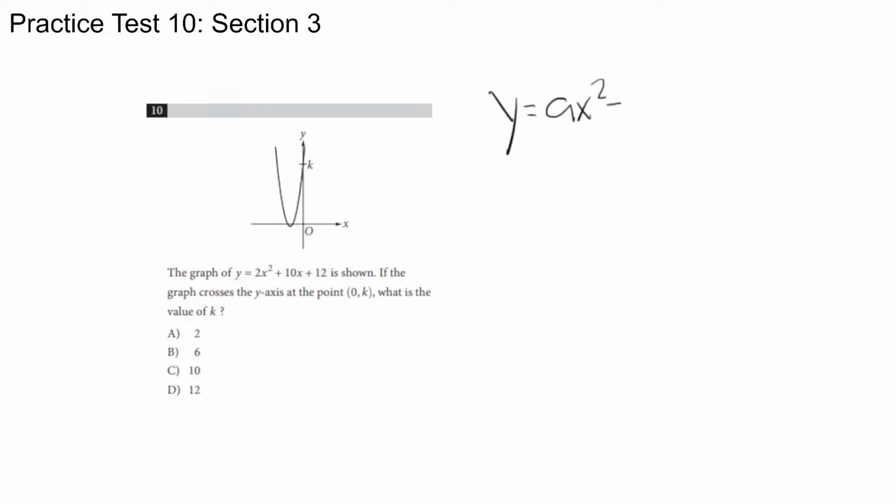Standard form for a quadratic is ax squared plus bx plus c, where c represents your y-intercept. Your y-intercept is when your x value is equal to 0, and the point it's asking for is (0, k). So I just need to look at my c value to know that my y-intercept, the value of k, is going to be answer choice D, 12.